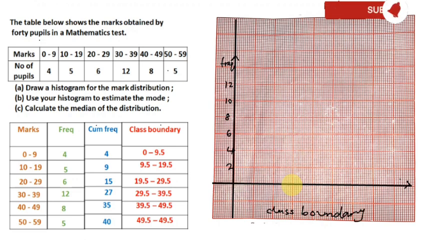Okay, so let's put our scores this way. So we can put our scores here. So here we're going to have 0. Then on this side we're going to have 9.5. On this side, we're going to have 19.5.